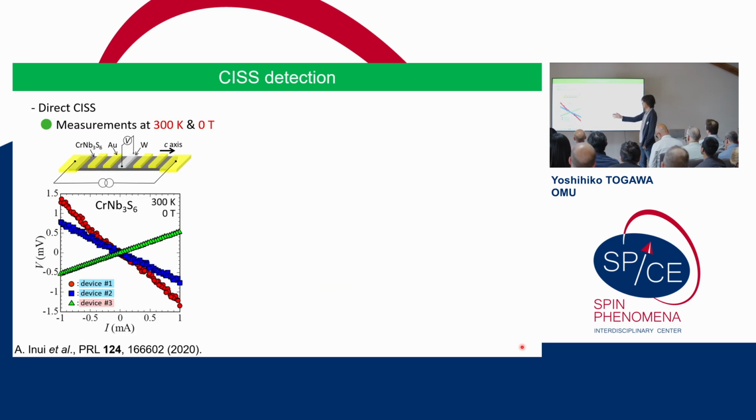This is the first data. When I saw this data, I was really surprised. The point is the Hall voltage appeared at room temperature without a magnetic field. Another thing is the magnitude: the vertical axis, the signal magnitude, is really large, on the order of a millivolt against milliampere current applications.